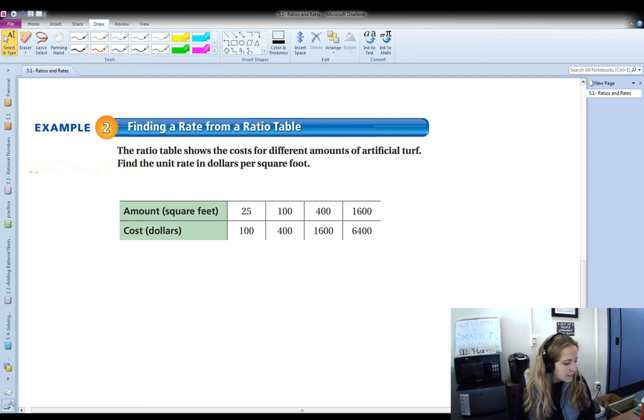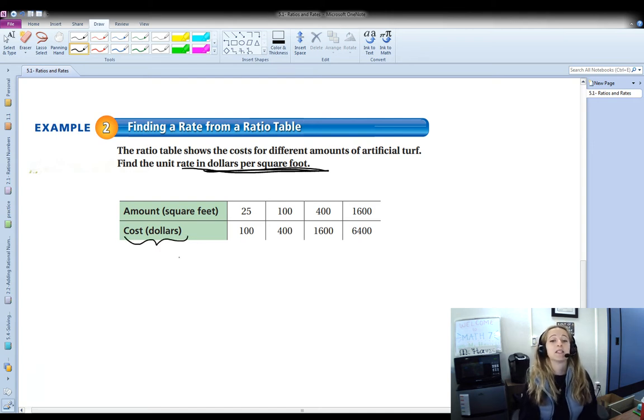So what we can do, without even paying attention to the patterns in the table, is this: it wants us to find the unit rate in dollars per square feet. This language has dollars first, which means, if you look here, dollars is the cost.